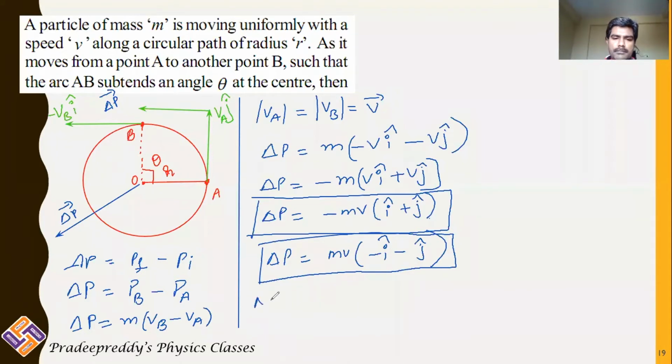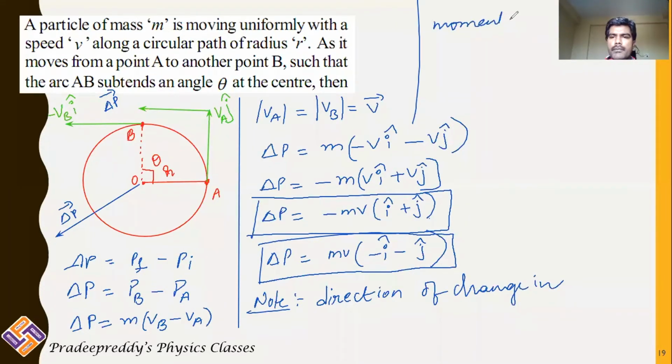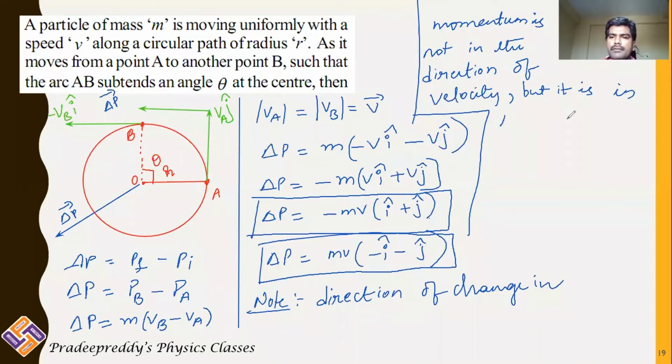So you should note that the direction of change in momentum is not in the direction of velocity, but it is in the direction of change in velocity. Remember this.